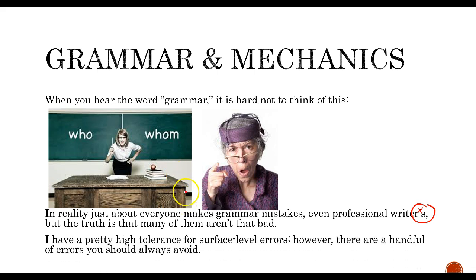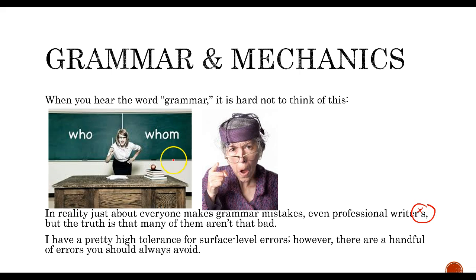So I have a pretty high tolerance for some surface level errors. Obviously you can get away with some, but there are some errors that you really, really don't want to make. Because if you make them, they can seriously impact the clarity of your sentences and prevent readers from understanding your meaning. The apostrophe, even though it is kind of a big deal, doesn't really get too much in the way of the clarity of the meaning, although it can in the right context.